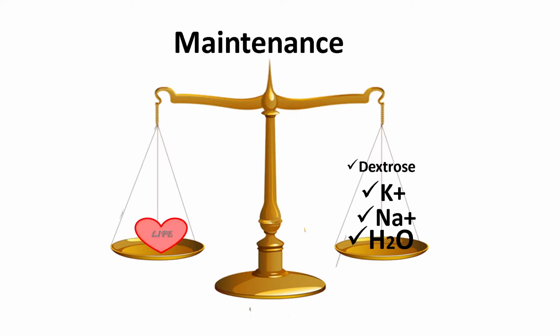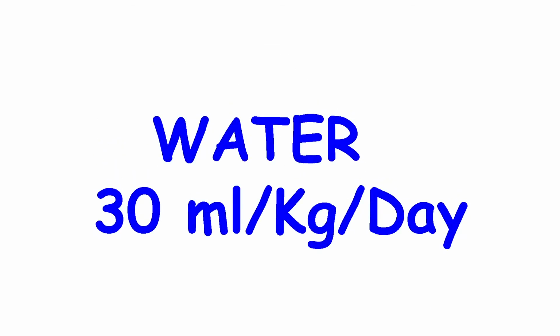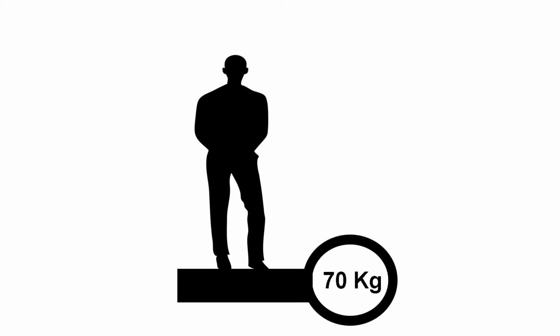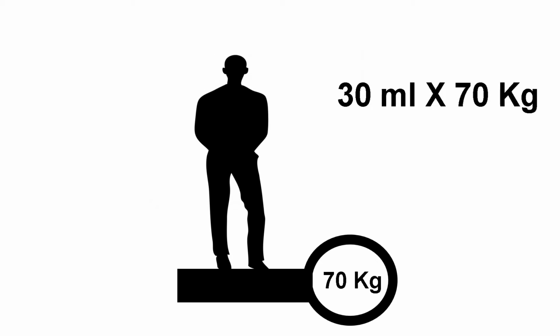These are the 4 primary essential substances used in maintenance IV fluid therapy. We need 30 ml per kg of water per day. For example, a man of 70 kilograms will require 2100 ml of water per day.